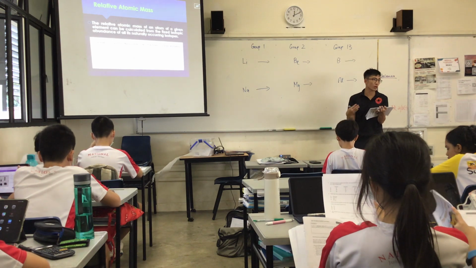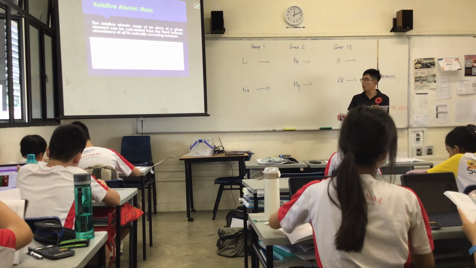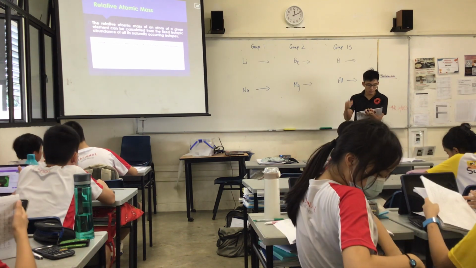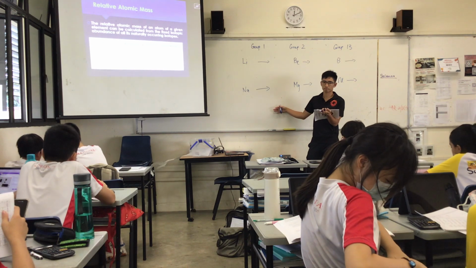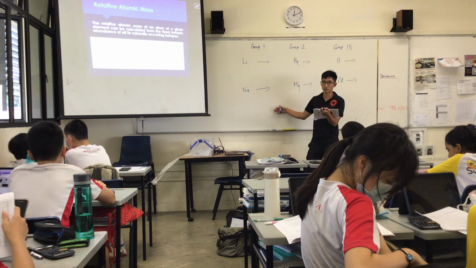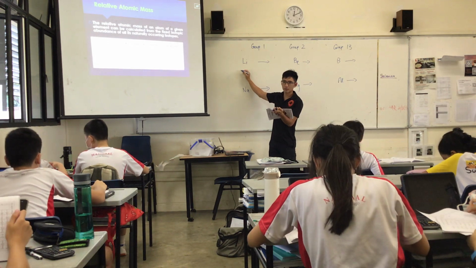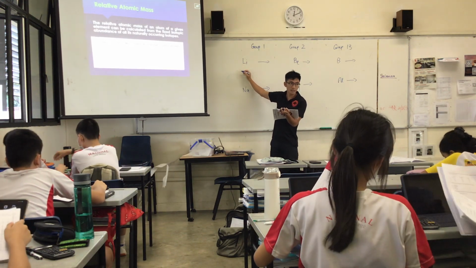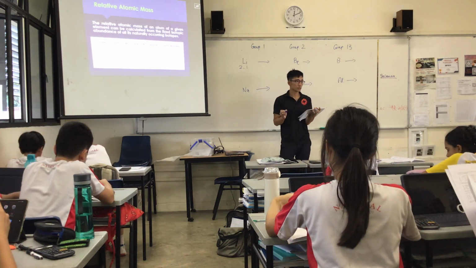Okay, you all should be getting quite good at this. Ready? So I'll call 6 people up. What's the electronic configuration of these elements? Are you ready? Okay, Regan? Lithium. Okay, Regan says lithium is 2.1. We all agree? Yeah?